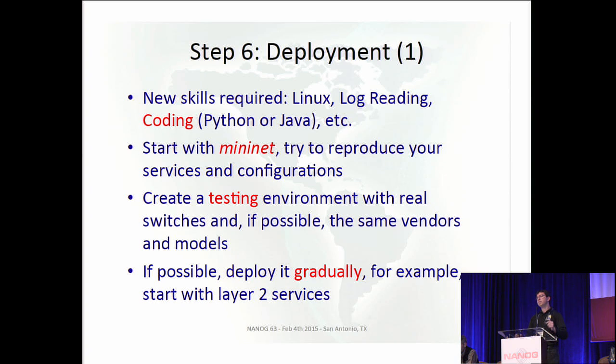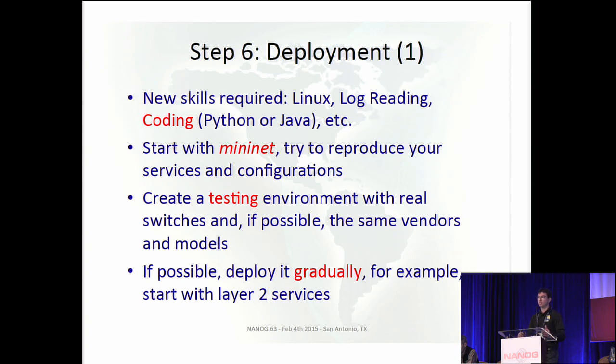So now let's say that you're motivated to do the deployment at your site. What do you have to pay attention to, despite all the others I talked about? You're going to need new skills. This is the most obvious. If you're just a network engineer who only works with the network and doesn't get involved in Linux or applications or coding, be prepared. You have to learn a little about Linux because of the controllers.